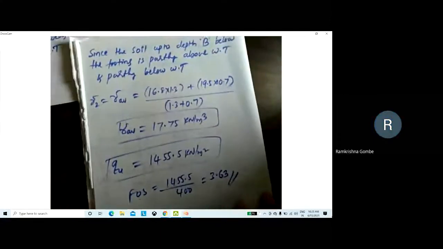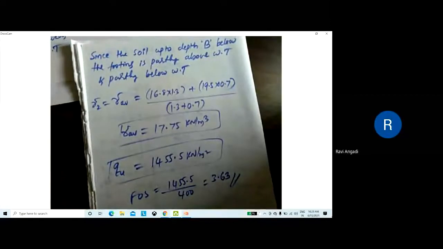Yes, sir. Can you solve the other three cases? That is, water table at 0.5 meter below the ground level, where also you have to make the average, and water table at the ground level itself. Can you solve these? Three cases or two cases? Two cases. Can you solve? Take it as assignment. Is it okay? Yes, sir.